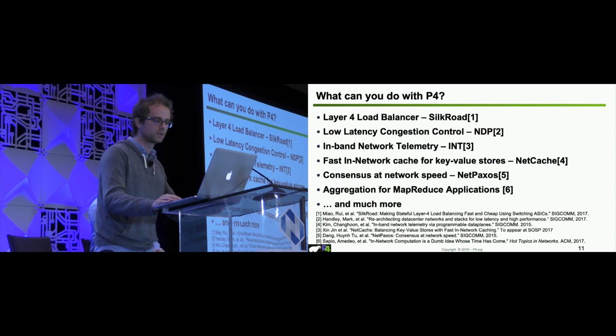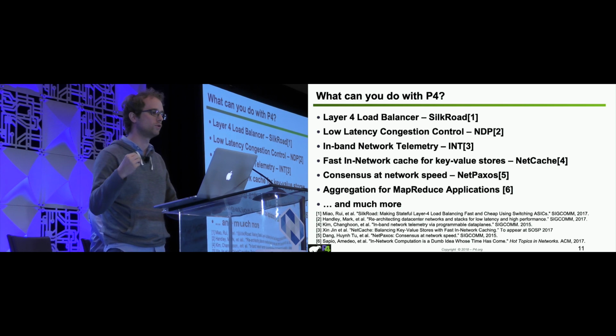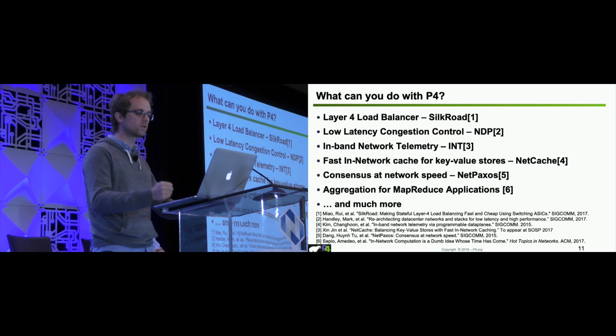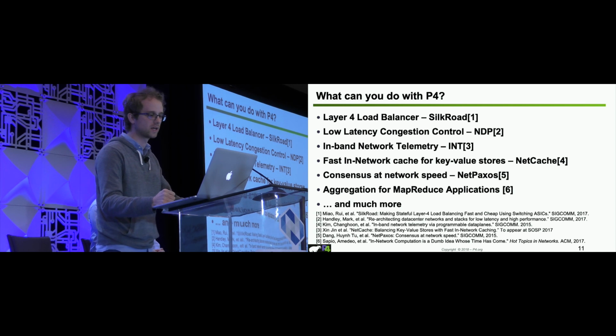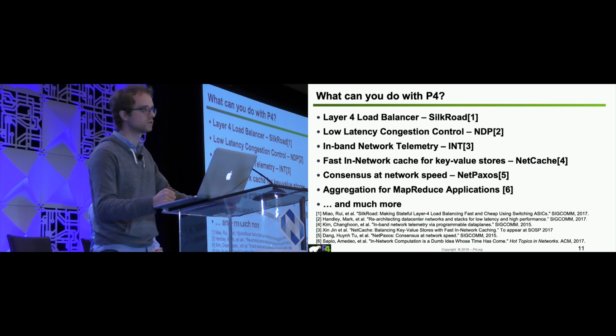Then you have in-band network telemetry, which has become quite popular as well, and this is to give you visibility in your network. And then you have some more computing-oriented applications, like NetCache, which is an in-network key value store to accelerate Memcached. NetPaxos, where you can run Paxos, which is a consensus protocol, in the switches itself.